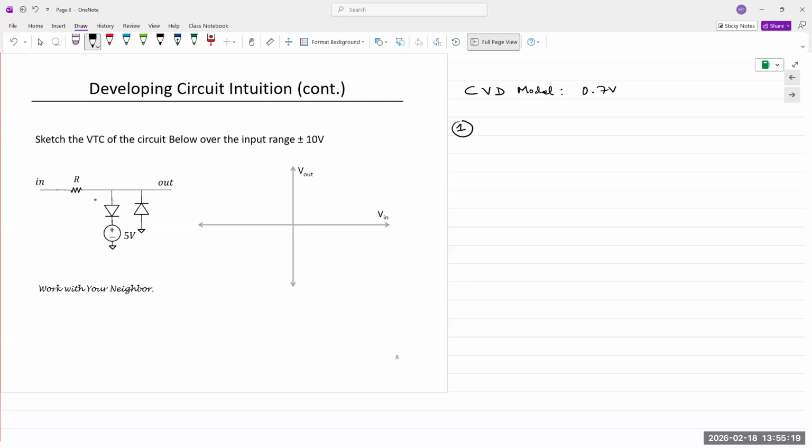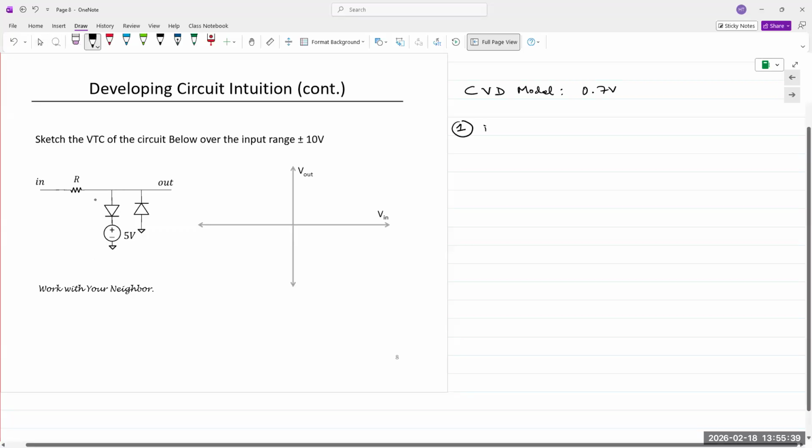Let's analyze what happens when V in is less than 5.7. We are starting with 5.7 just because we analyzed this branch previously, right? So we already know there's a condition that requires the diode to turn on.